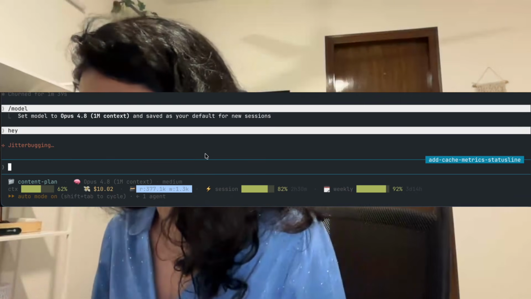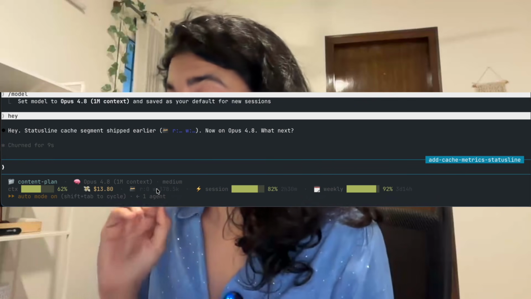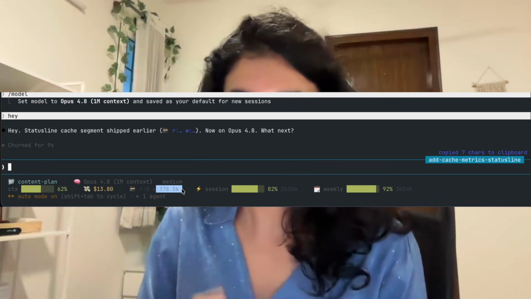You just saw the write went from 1000 to 378K, and this was done live in front of you. What just happened is when I changed the model, the entire conversation was reprocessed at full price. That's why you saw the number for cache write spiking up. Personally, I find these things interesting when I can see them working live.